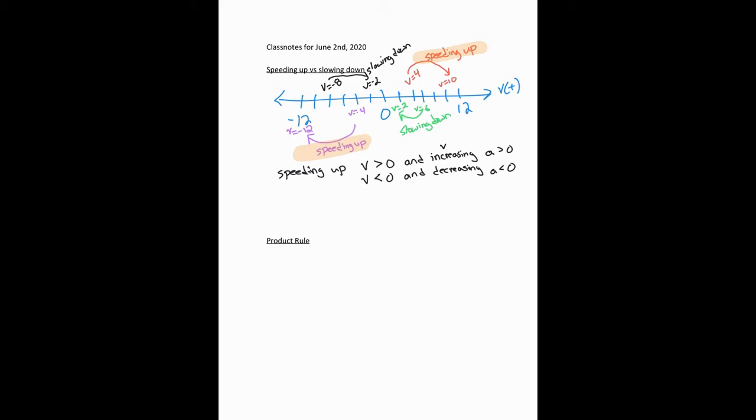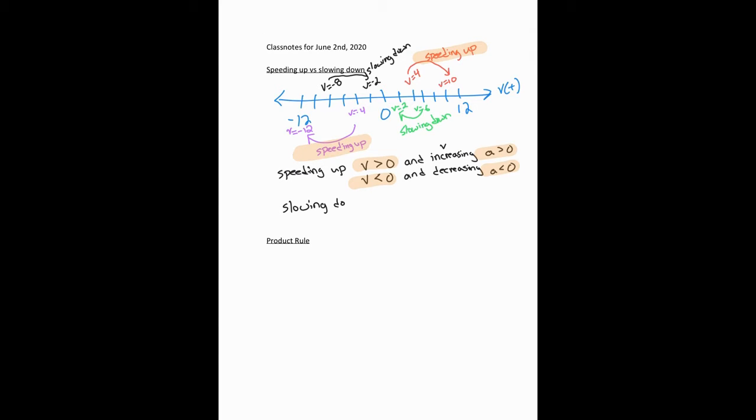So for both of these, I can either have a positive velocity and a positive acceleration, or a negative velocity and a negative acceleration. So you want the signs of them to be the same for speeding up.